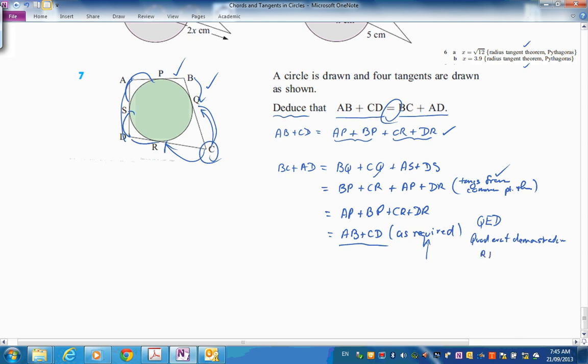And then it went to RTP, which was short for required to be proven. Again, a statement to say, hey, I've done it, I've finished. And now we've got as required. It's the modern version of that. So when they ask you to do something or prove something and you complete it, it is customary to put one of those three, and the modern one is as required.